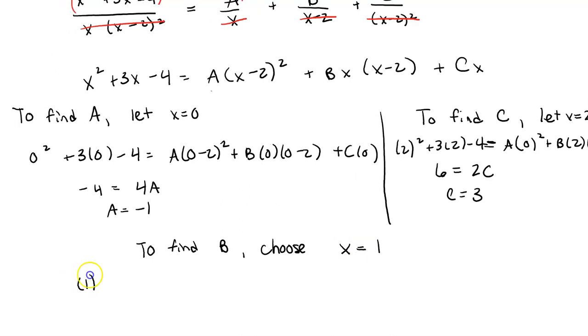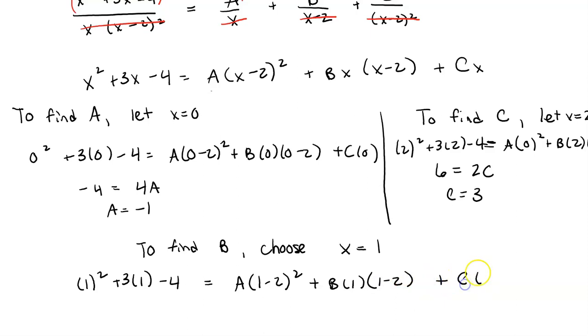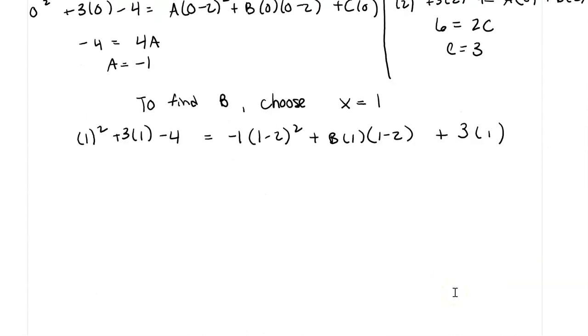So I'll have 1 squared plus 3 times 1 minus 4 equals a times 1 minus 2 squared plus b times 1 minus 2 plus c times 1. And then for my a, I'm going to go back and fill in the negative 1. And for my c, I'm going to go back and fill in the 3. So on the left-hand side, I get 1 plus 3 minus 4, which is 0.